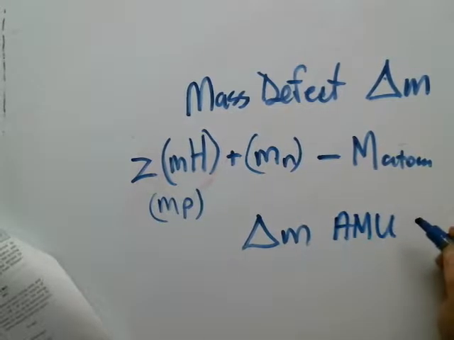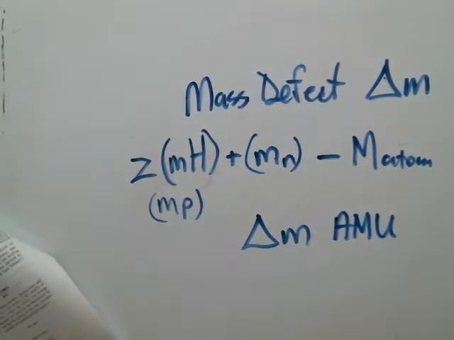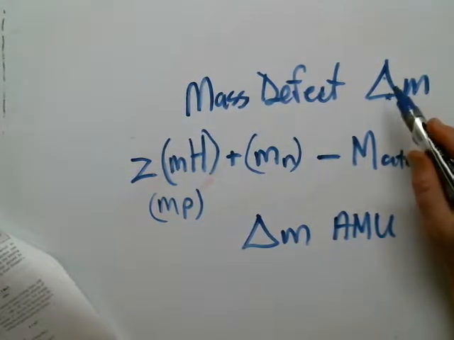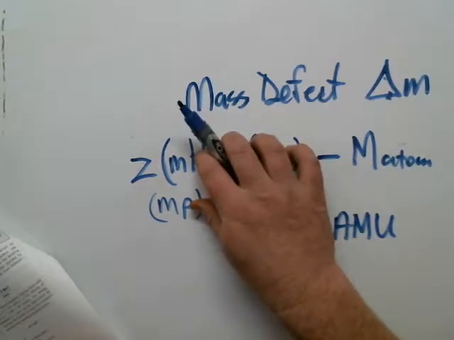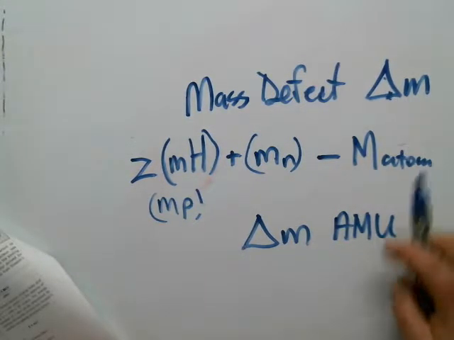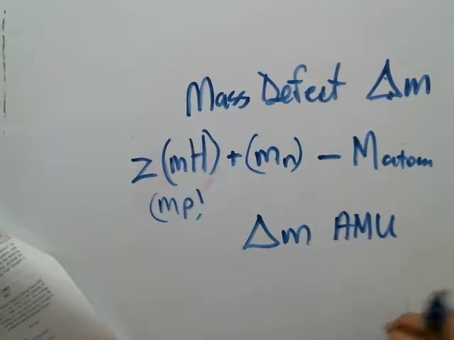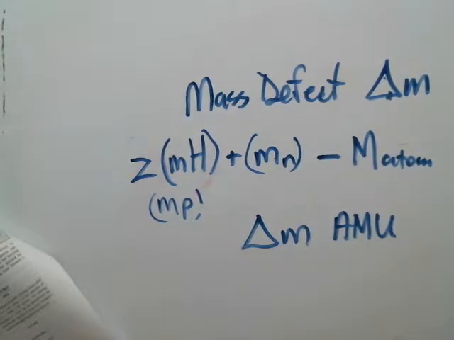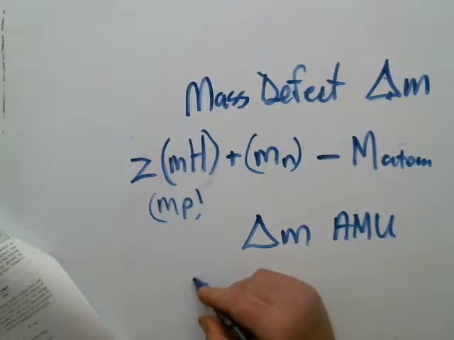And the unit is atomic mass units. So now the question becomes, where did that mass go? I had some mass, and now I've lost it when I put them all together into the atom. Well, that is a cool thing. That is called binding energy.